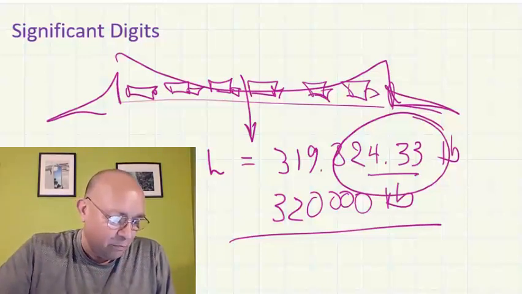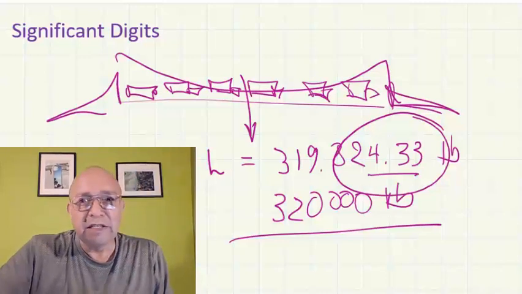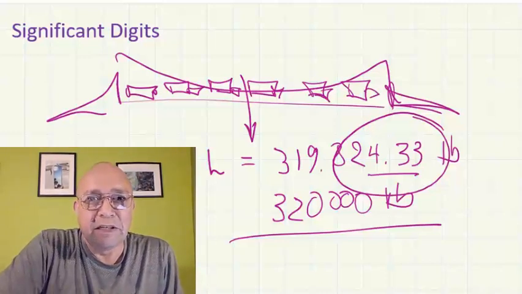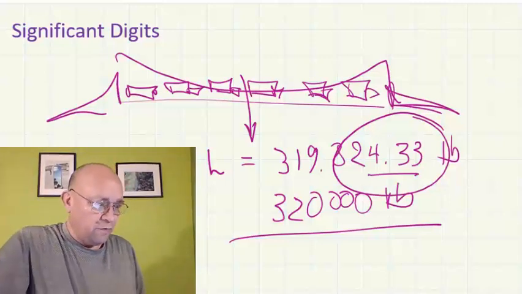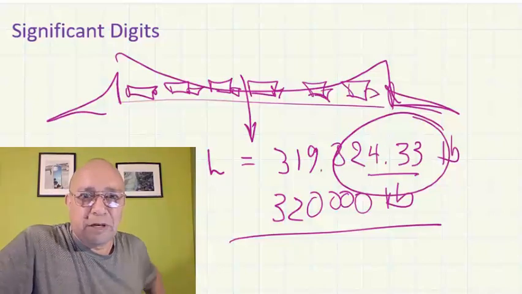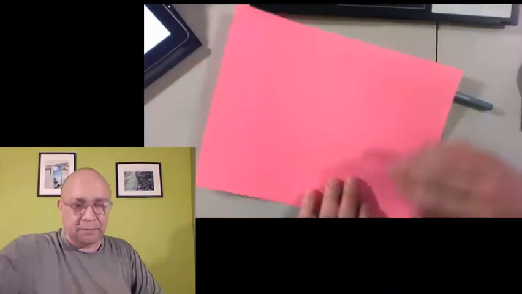Let me give you another example. Let's say I like origami, and I'm going to make 3 little origami paper doves.